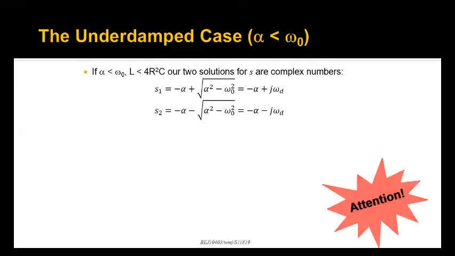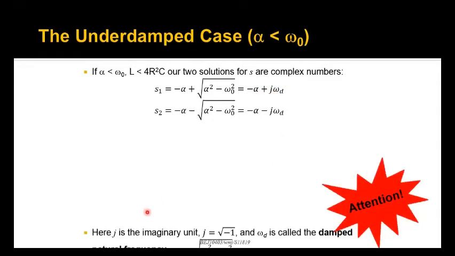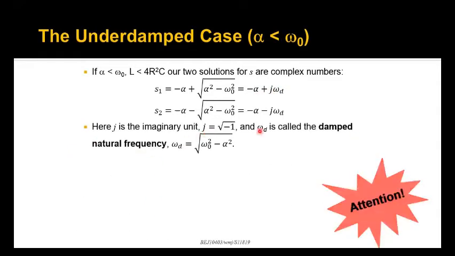In the underdamped case, where your alpha is less than omega naught, this will give you S1 and S2 as complex numbers. Complex numbers means you have a real part and an imaginary part. Here j is the imaginary unit and your omega d is called the damped natural frequency.